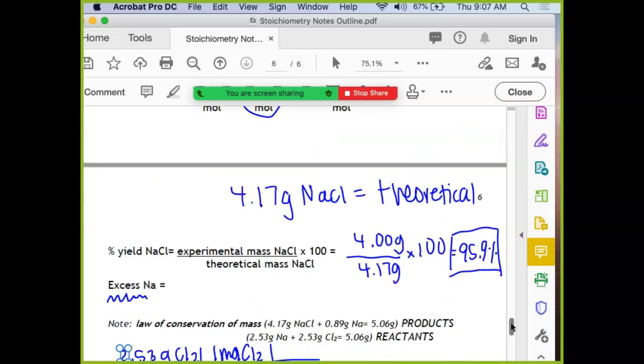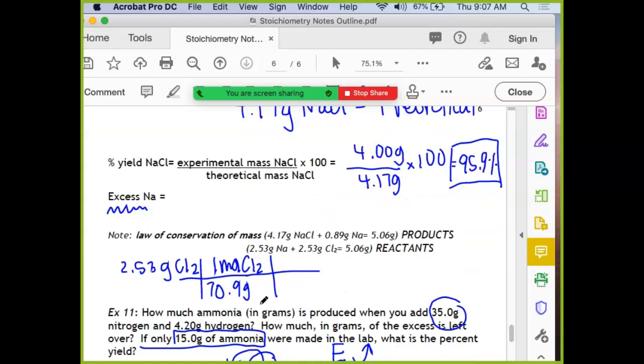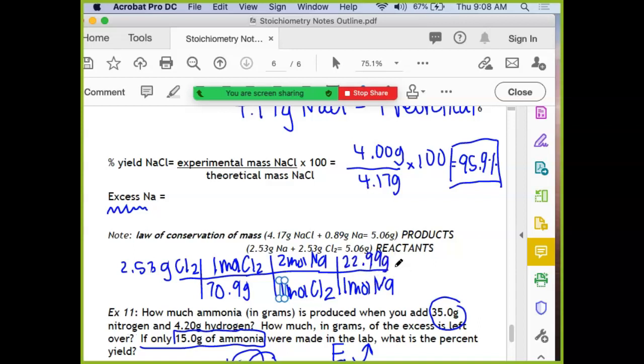Now, instead of jumping from chlorine to sodium chloride, which is what I did the first time, I'm going to just jump to my excess instead. I will do my mole ratio from my limiting to my excess. So for every 1 mole of chlorine that react, 2 moles of sodium react. And 1 mole of sodium, and you go to the periodic table, is 22.99 grams.